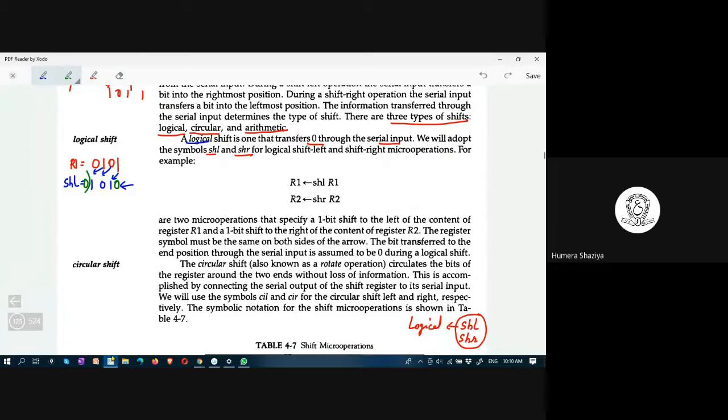And when we say shift right, then what happens? Let us take again the same bits. This is shifted to the right side. The 0 is shifted to the right, 1, 0, and this one is out.